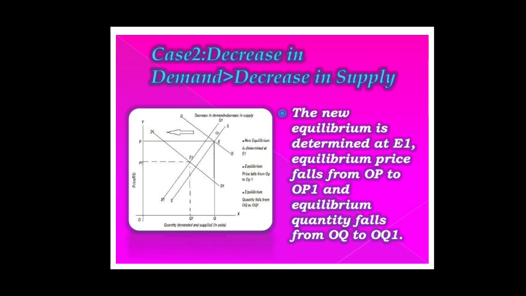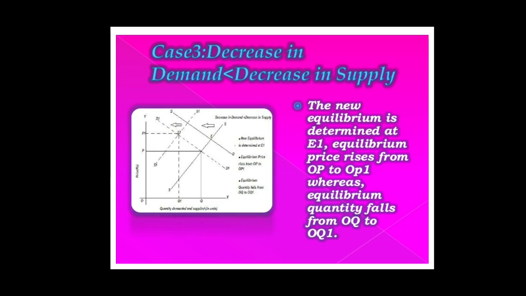At the new equilibrium point E1, the equilibrium price falls from OP to OP1 and equilibrium quantity also falls from OQ to OQ1. So we can say that when decrease in demand is greater than decrease in supply, both the equilibrium quantity and equilibrium price will fall.